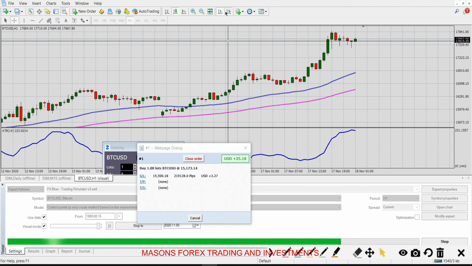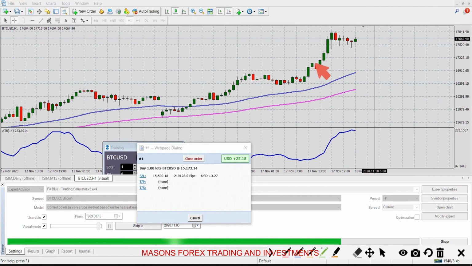If you look here, when this bar broke out of the significant level, and let's just say from this green bar here, you had a 1 ATR stop loss.